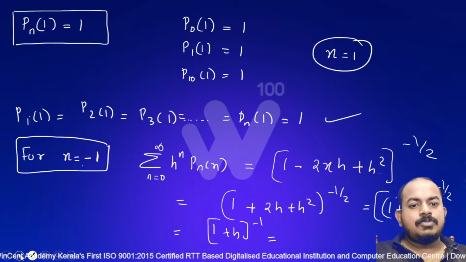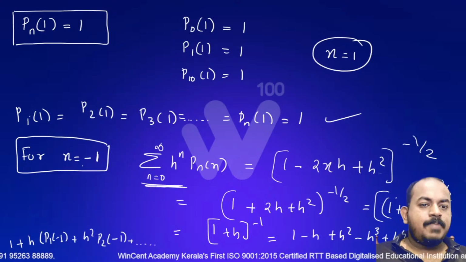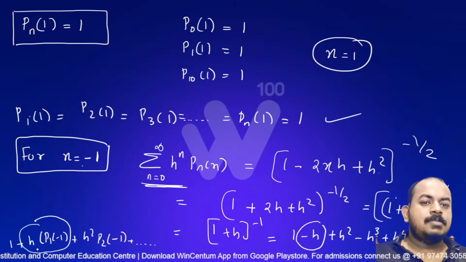So the coefficient of h raised to n represents the nth order Legendre's function. Here the coefficient of h, that is P1 of minus 1, is minus 1.